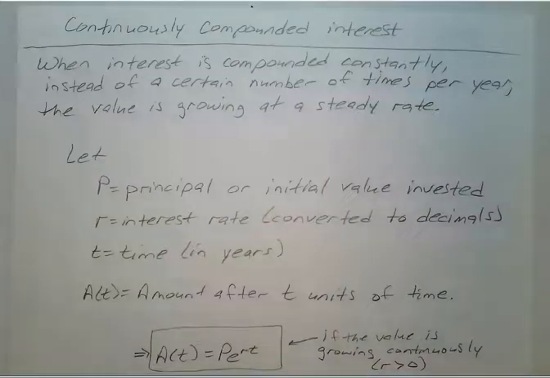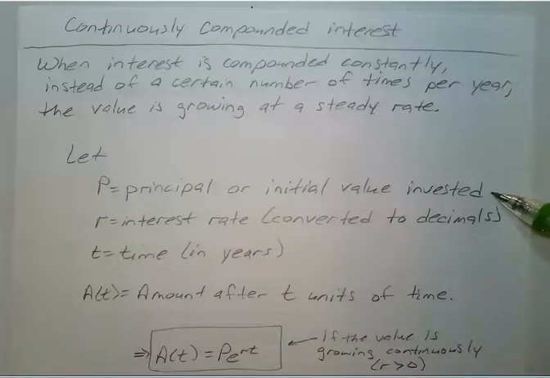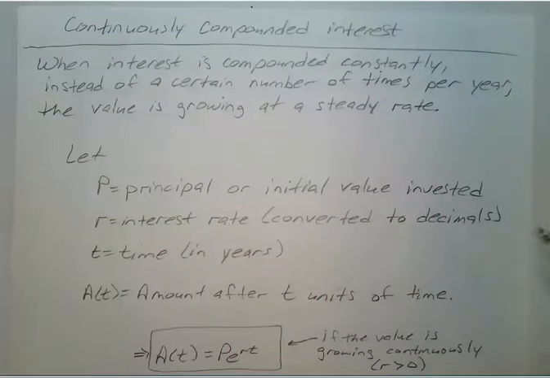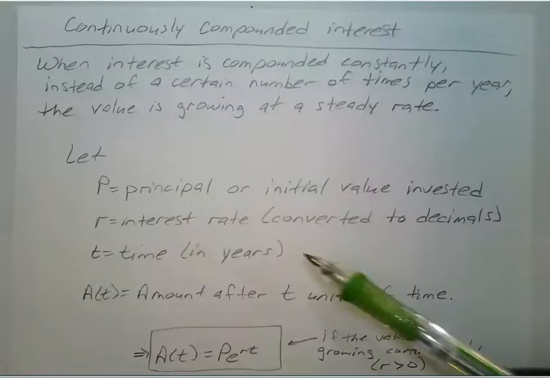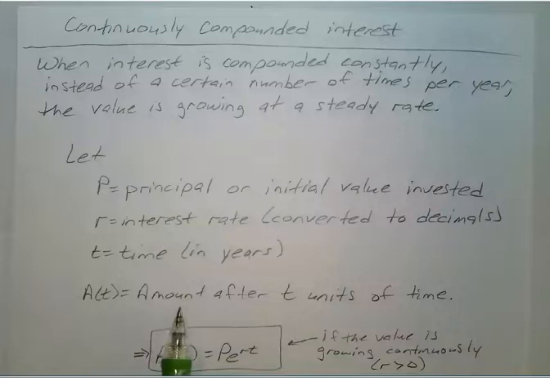This is continuously compounded interest. Now, similar to the regular compounded interest, our P is equal to our principal, which is the initial value. The R is our interest rate that we will convert to decimals. The T is still the time in years. And the A of T is still the amount after T units of time.